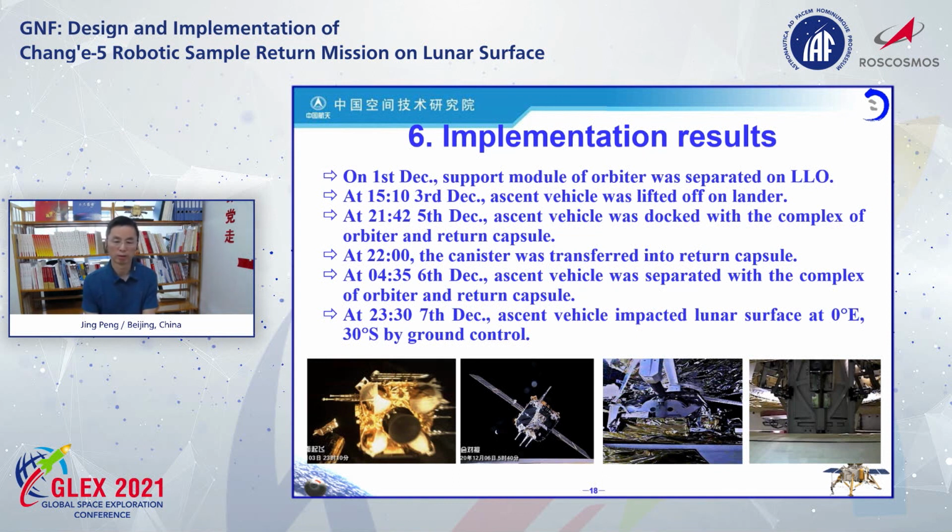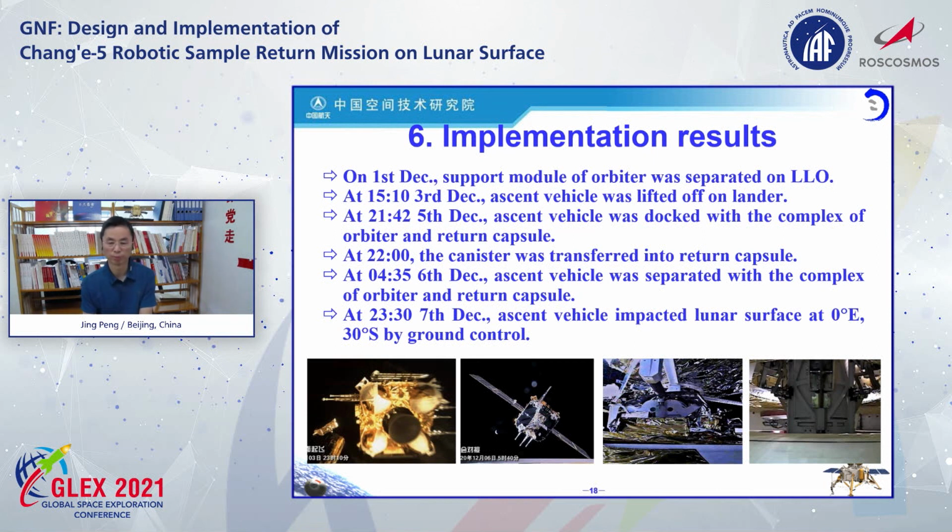At 4:35, 6th December, the ascent vehicle was separated from the complex of orbiter and return capsule. At 23:30, 7th December, the ascent vehicle impacted the lunar surface at 0 degrees east longitude and 30 degrees south latitude by ground control.